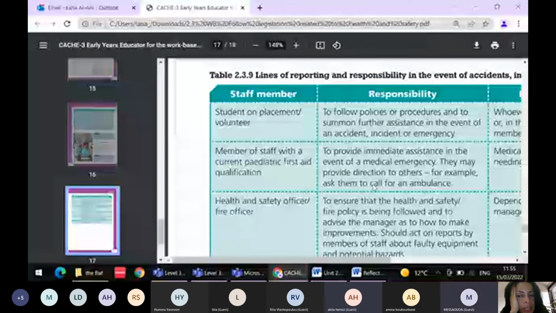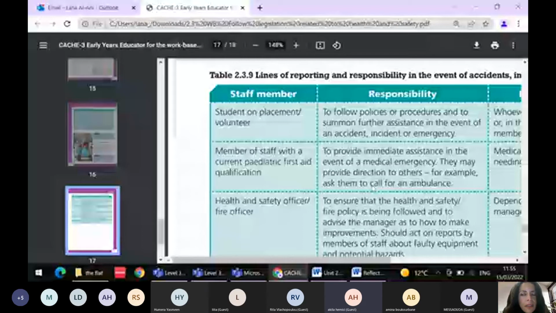No. First of all, you need to let someone know, which is the manager, because she might be sitting at her desk and doesn't know. So you need to inform every one of the staff, and then you start evacuating the children to go upstairs. Okay? So now this is an emergency, and then call 999 to solve this issue.